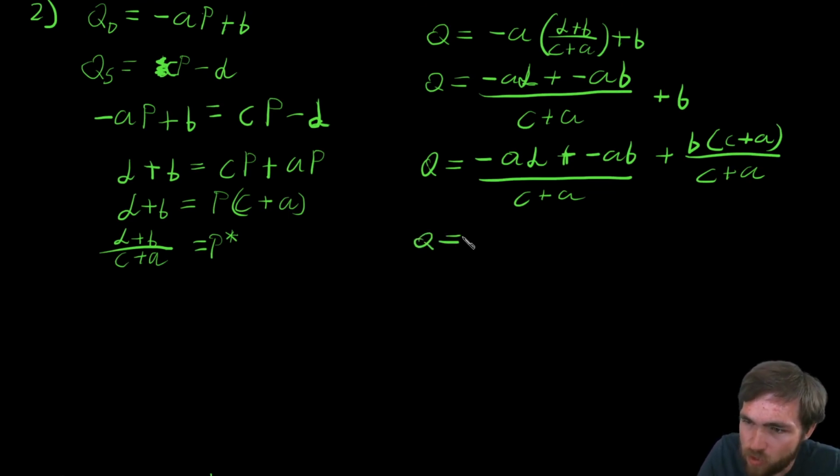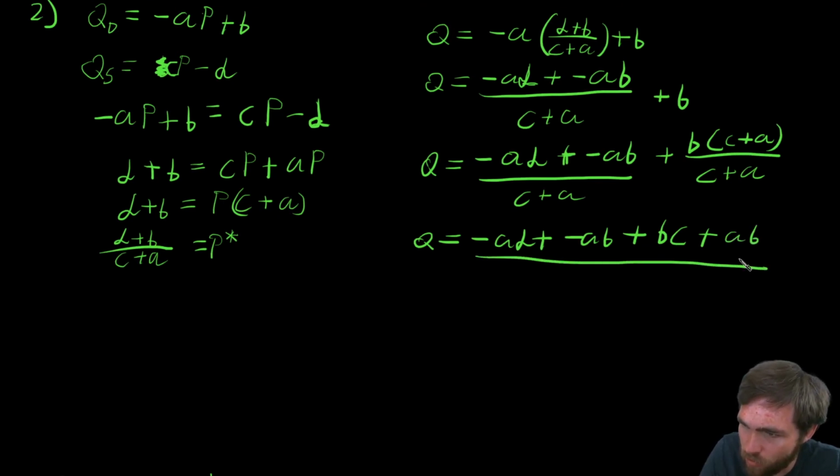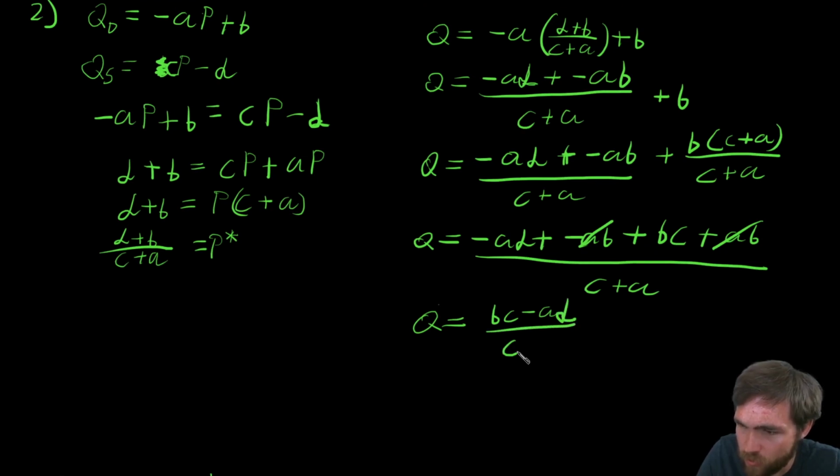So this leaves us with Q is equal to negative AD plus negative AB plus, let's multiply that in, BC plus AB, all over C plus A. So as we can see here, the AB's cancel out, and we're left with Q is equal to BC minus AD over C plus A. And this is our Q star.